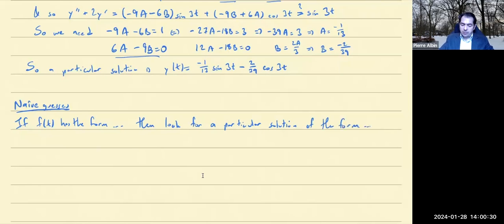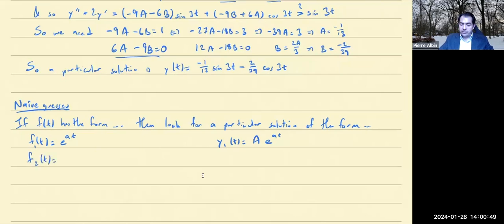Right. So for example, if f of t has the form e to the at, then you should look for a particular solution. Let's call this f1 and this y1. A times e to the a times t, right?